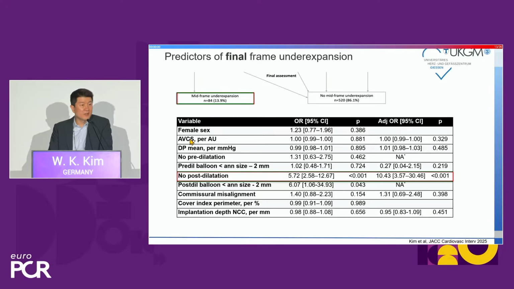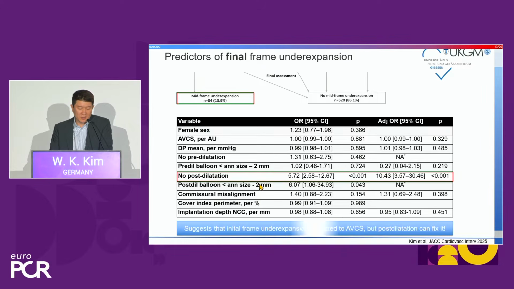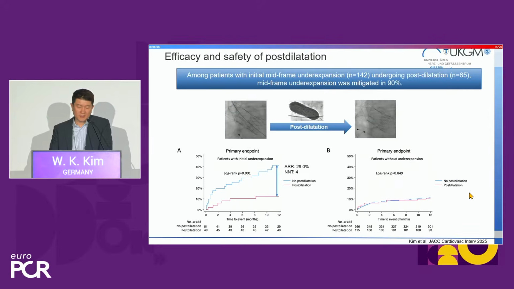So the degree of calcification was not relevant anymore, but only the fact whether post-dilatation was performed or not. So you can assume initial frame underexpansion is related primarily to the degree of calcification. Everybody understands that. But obviously, if we perform post-dilatation, at least in the European cohort, we can fix underexpansion.